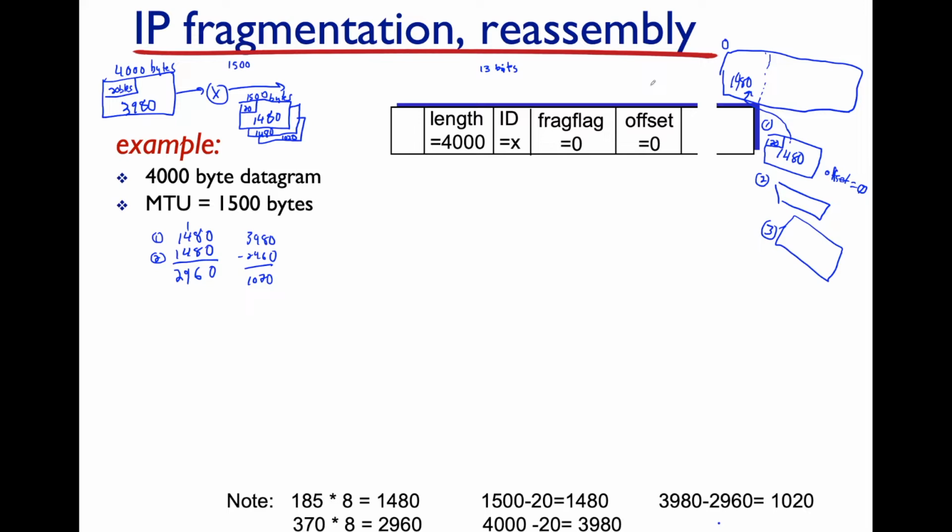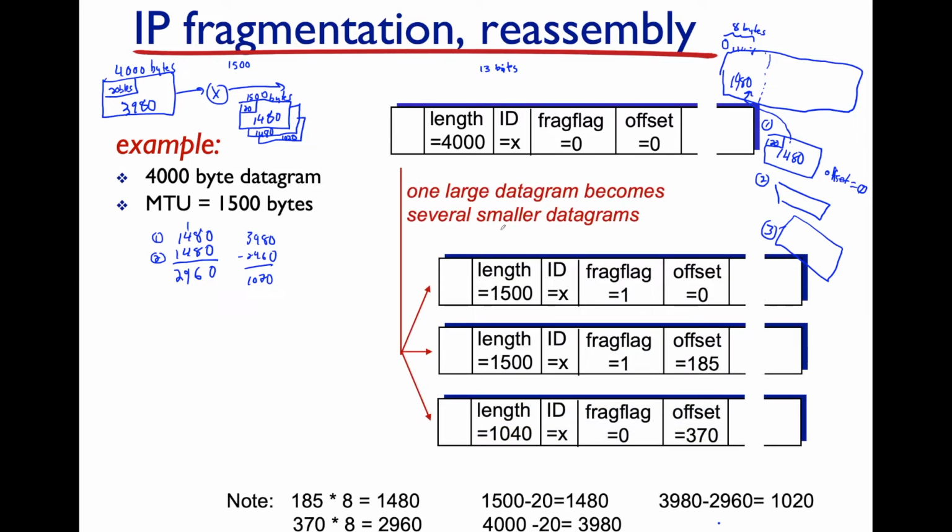So if you have an offset of 0, it represents 0. If you have an offset of 1, it represents a width of 8 bytes. Okay, so let's take a look. We have here the first fragment. It stores 1480 as its payload, and it's the first fragment, so its piece is going to be in the 0th offset when we reconstruct.